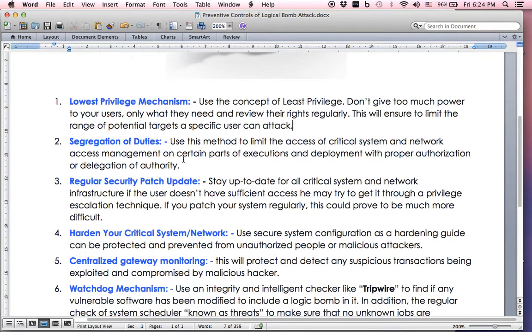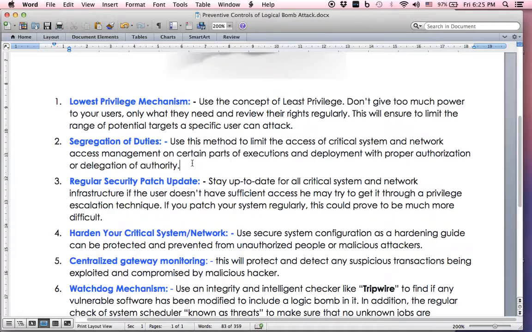Okay, so the next is segregation of duties. Segregation of duties is very important for protecting against logic bomb attacks. For example, in the development team, we need to segregate the development team, the testing unit, and the compiling unit, and measure the system integrity test before we confirm to deploy or roll out into the production system.